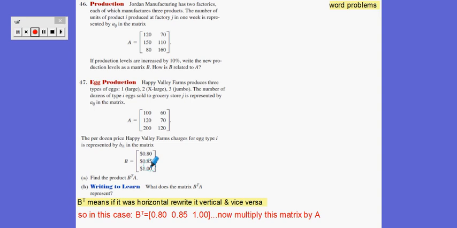So you rewrite this into this. Anytime you see an exponent of T, you're rewriting it from vertical to horizontal, or vice versa, horizontal to vertical.